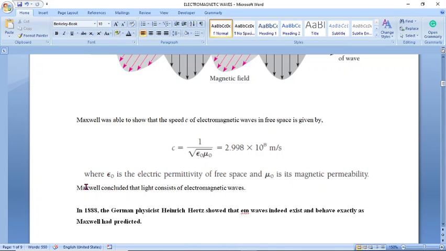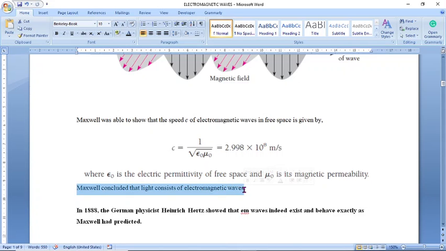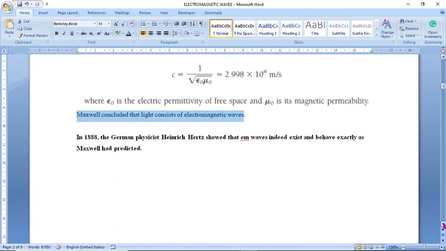And later Maxwell concluded that light consists of electromagnetic waves. So this is an important point. That is, light is also an electromagnetic wave. This was the theoretical explanation.